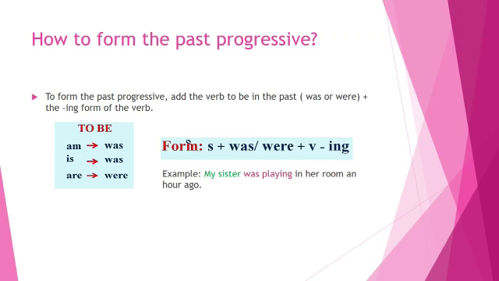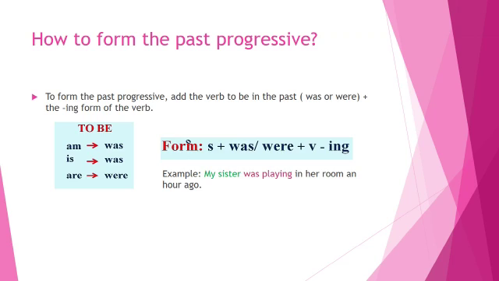Am becomes was in the past, is becomes was also in the past, and are, because it's plural, becomes were. The form will be subject plus was or were according to the form of the subject, plus the verb plus -ing form. Example: my sister was playing in her room an hour ago.